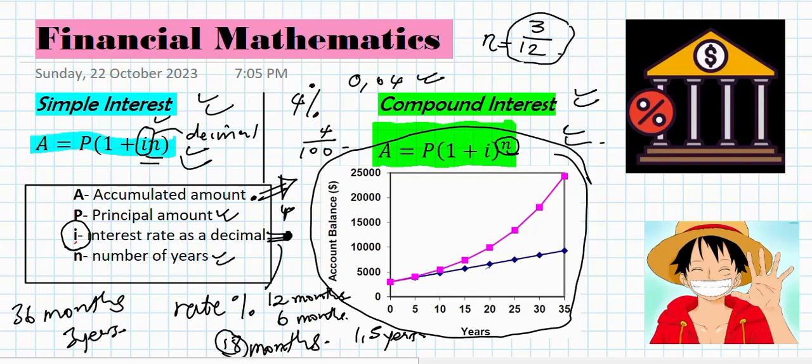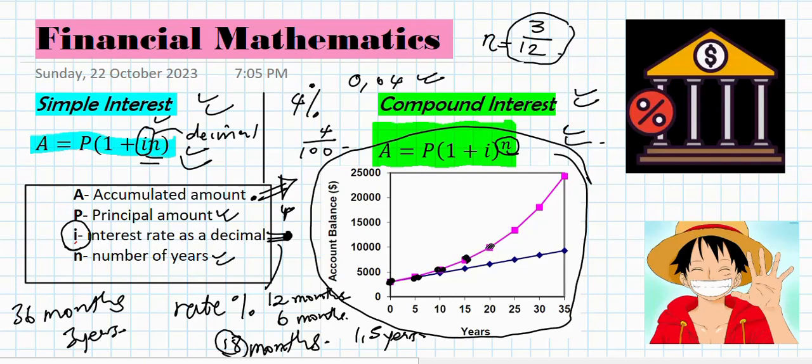So you see this blue line here. This is simple interest. This shows that at 0 years, the amount of money in terms of simple interest and compound interest is more or less the same. After about 5 years, you would get roughly the same amount for simple interest and for compound interest. And then as we go by, the compound interest grows exponentially.